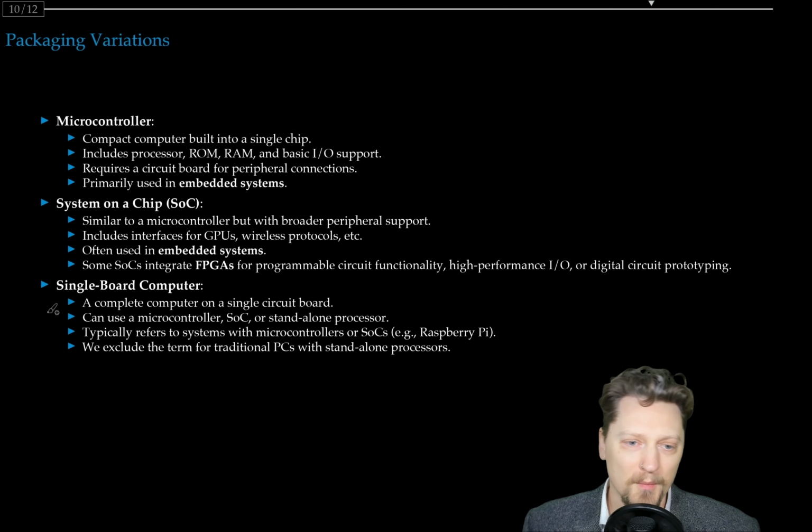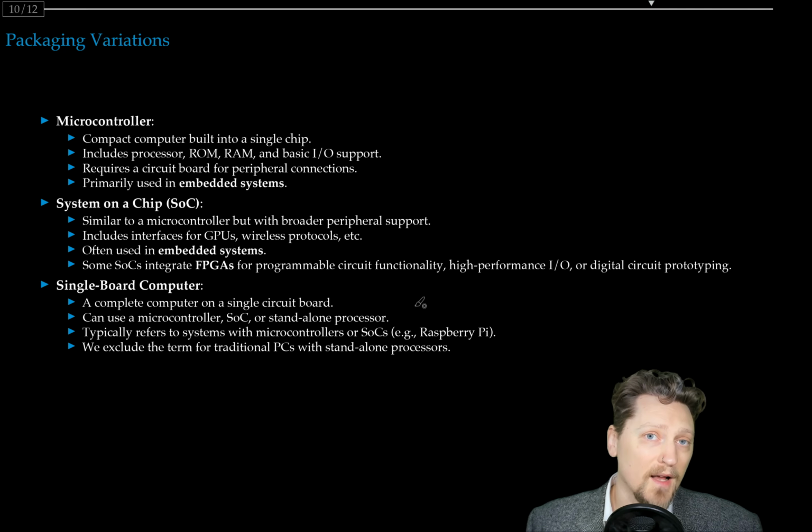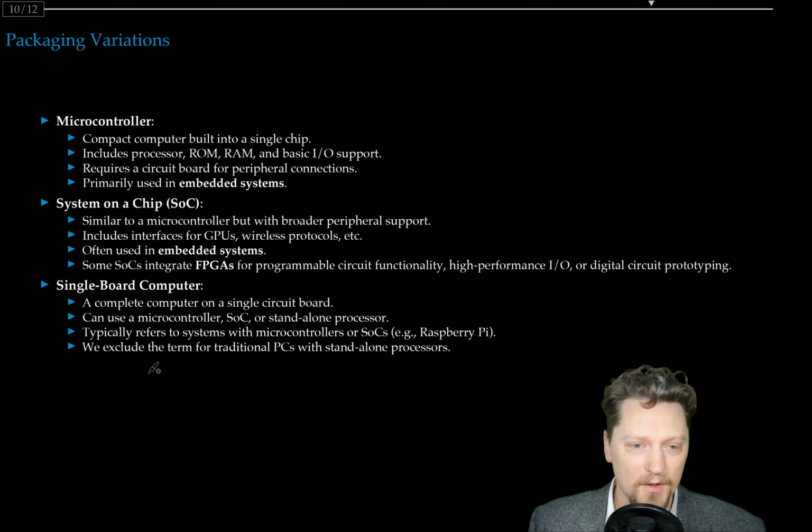Good. A single board computer is a complete computer on a single circuit board. It can use a microcontroller, SoC, or a standalone processor in general, but typically refers to systems with microcontrollers or SoCs. An example would be the Raspberry Pi, and our myRIO board as well is a single board computer.